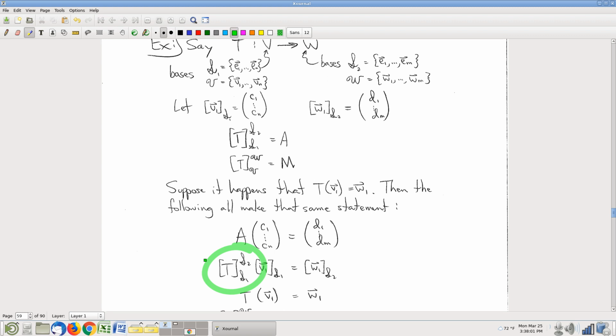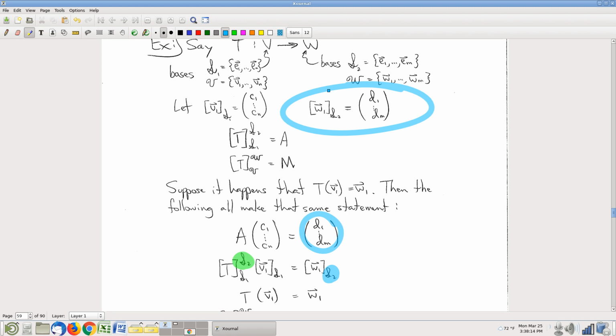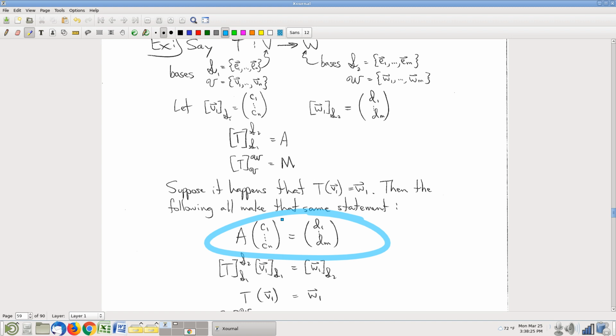So that's telling me then, this S2 is telling me that these numbers are S2 coordinates of something, and then we look back up here again to our notational choices, and we see that those are the S2 coordinates of W1.